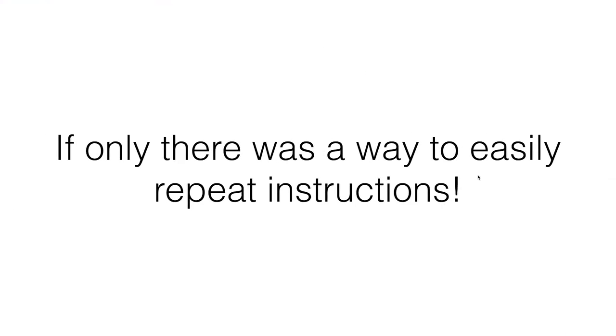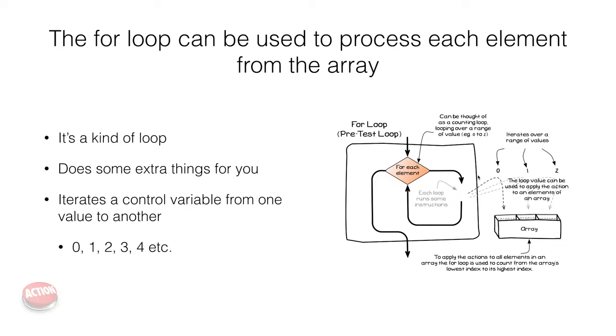Now, with arrays, that loop occurs so frequently that there's actually a special loop specially created for working with arrays. You could use it in other cases, and you can do, but it's designed to work in harmony with the array. That's the for loop. The for loop is a special kind of while loop.